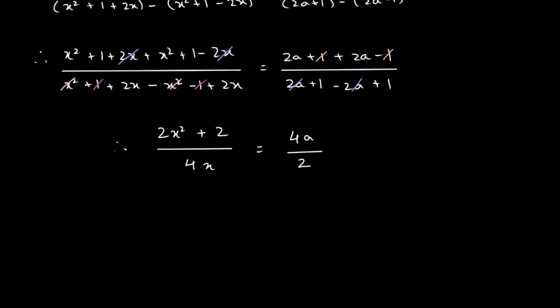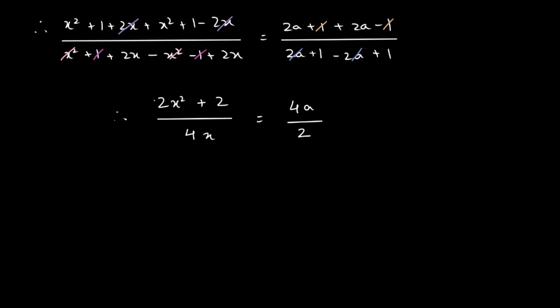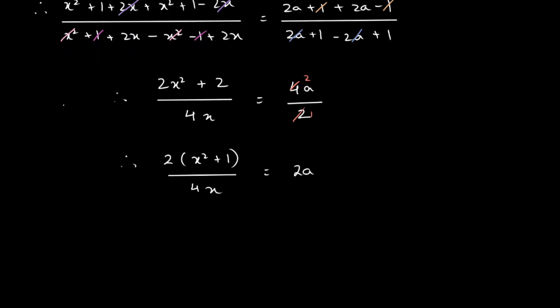Now if you notice, in the numerator on the left hand side I can take 2 common, so this becomes 2 times (x squared plus 1) divided by 4x, and here we could cancel the terms: 2 1s are 2 and 2 2s are 4, so that makes it 2a. Now let's cancel the terms in the numerator and denominator on the left hand side, and then cross multiply to get our final result.